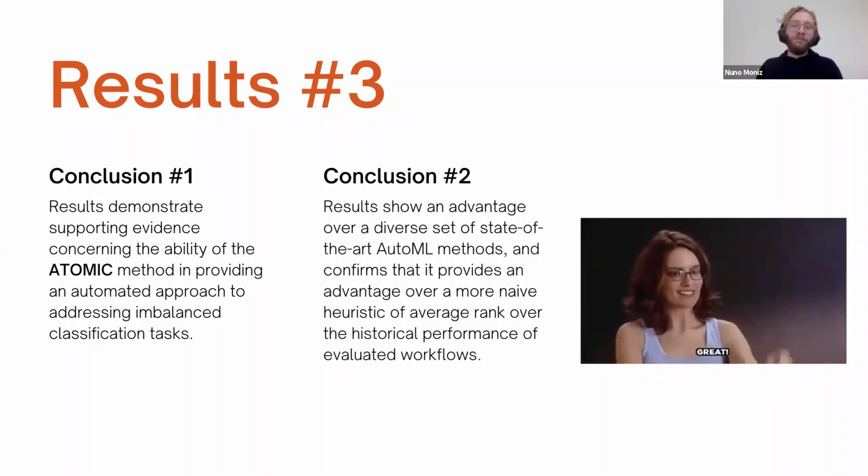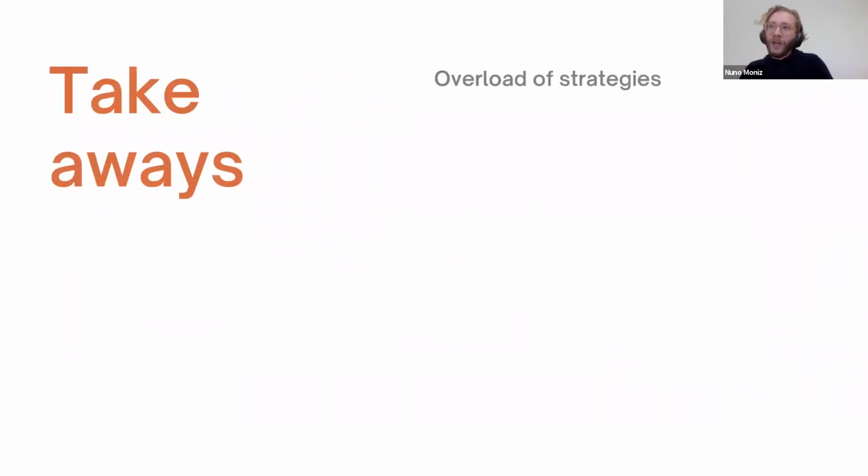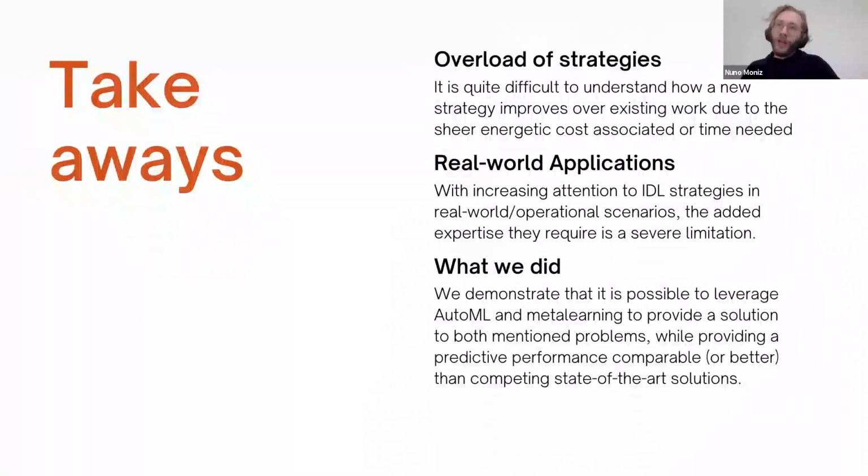But they demonstrate supporting evidence of the ability of Atomic to provide some advantages, even over a set of other AutoML methods and other heuristics that are commonly used.